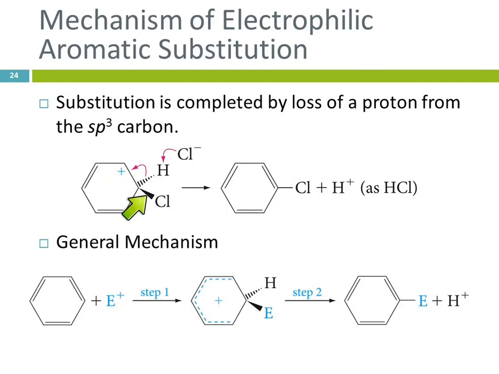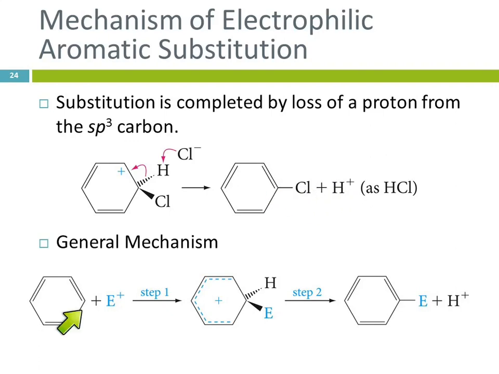These are the electrons that came out of the ring, and these 2 electrons now are going back to the ring. So it's not the same electrons, but nobody cares about that. They're so tiny, they're just interchangeable. And so now we have an aromatic ring again. But we've exchanged, we took a hydrogen off and we put a chlorine on.